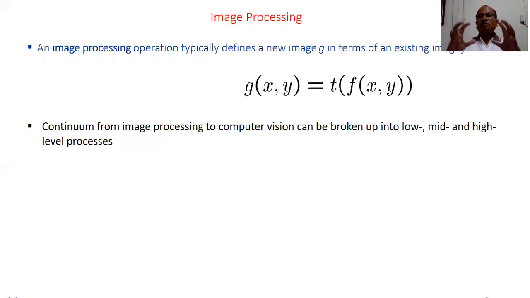T is representing some operator, because when you pass your input image to some system, some operator, it will do some operation. So this T is indicating that operation, that transfer function, that operator. It's not a multiplier, it's an operator.